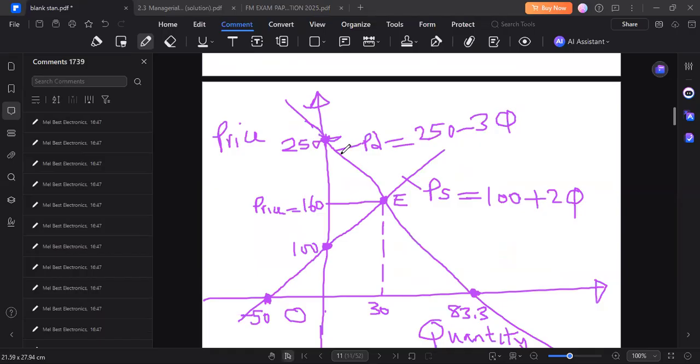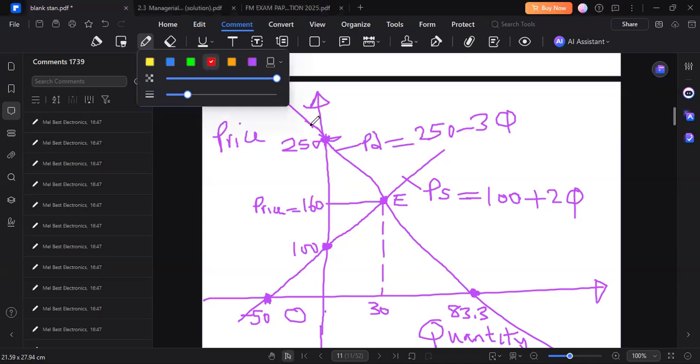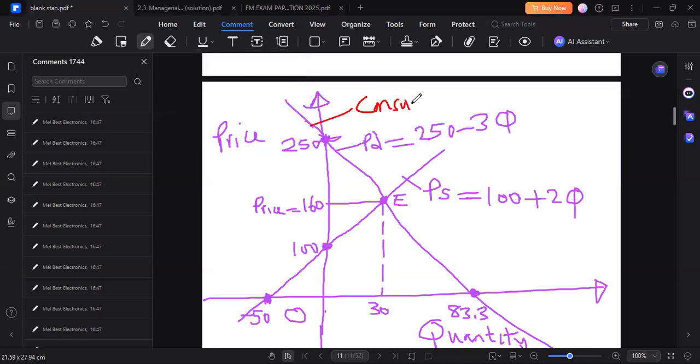This line here is called the demand for consumers. And then this is the supply. This one is called consumer surplus, above the equilibrium point. This is for the consumer, and this is producer surplus.